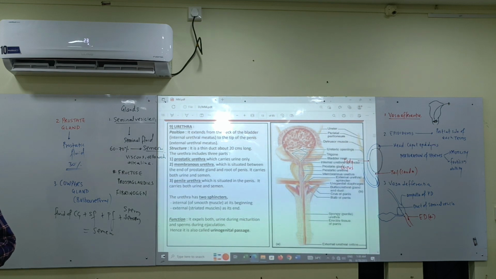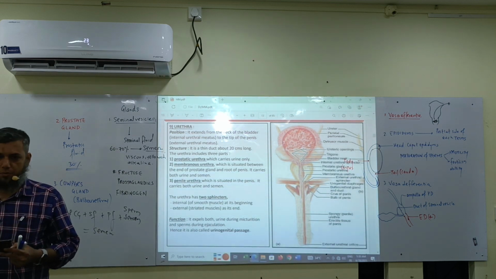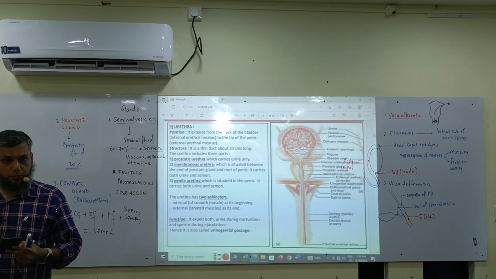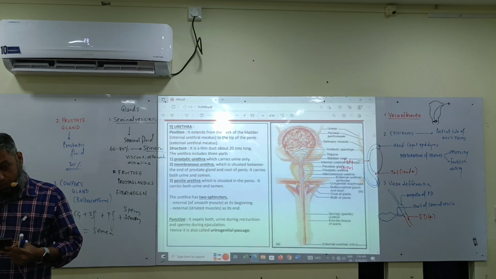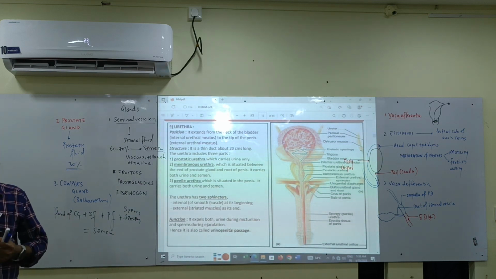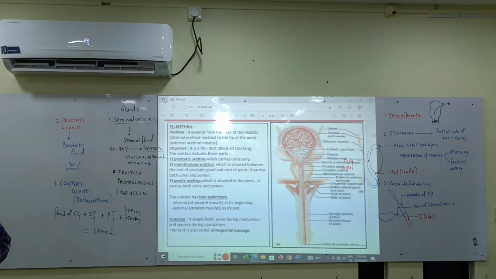In one ejaculation, there is about 3 to 4 ml of semen. And the normal sperm count of the male is 20 to 120 million per ml of the semen.